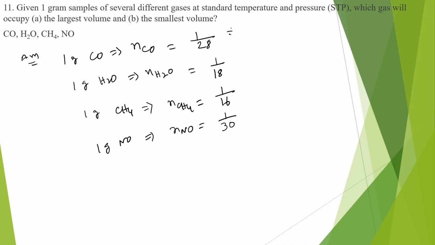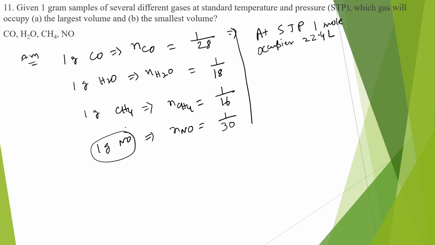Now at STP we know 1 mole occupies 22.4 liter. So here NO has less number of moles, its mole number is the lowest here.